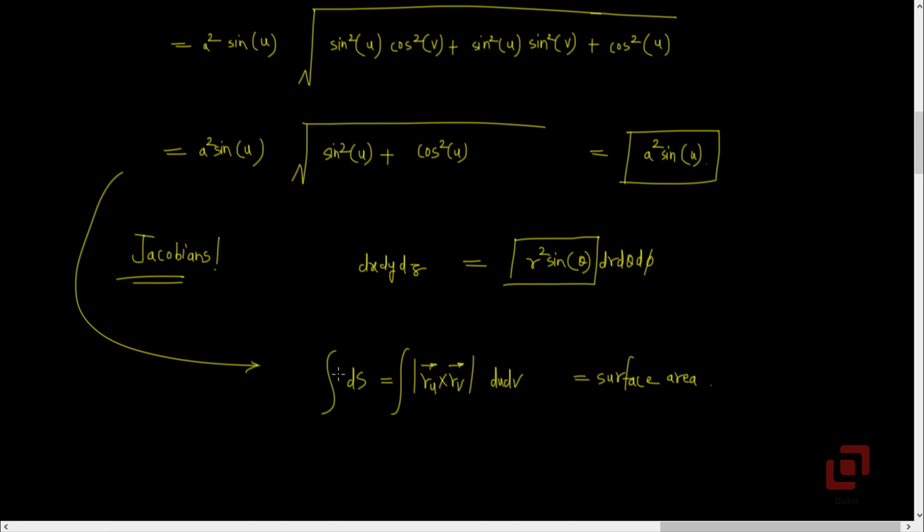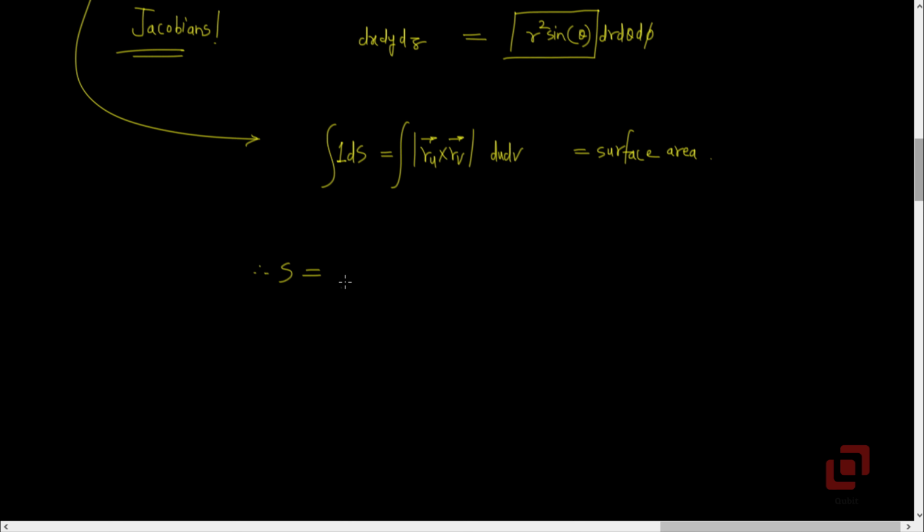Because if we take the integrand as 1, if ds denotes the elementary surface area, its integral will give us the surface area. So our next job is to integrate mod of ru bar cross rv bar with respect to u and v. So it will be a double integral.